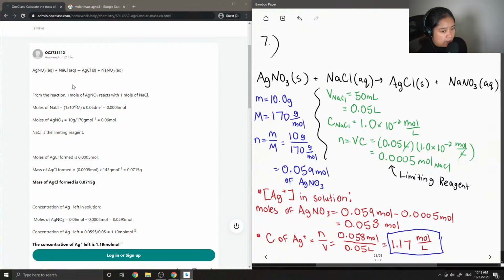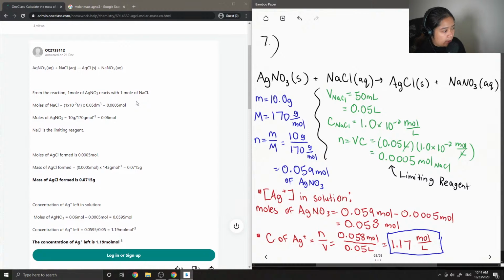Okay, so they wrote down the reaction: silver nitrate plus sodium chloride makes silver chloride plus sodium nitrate. Okay, so from the reaction, 1 mole of silver nitrate reacts with 1 mole of sodium chloride.